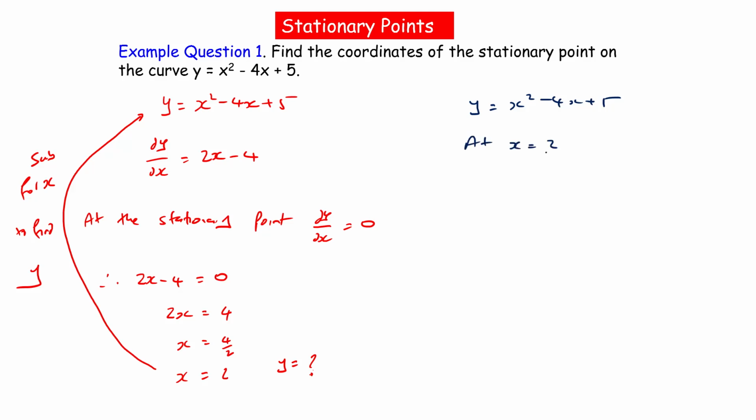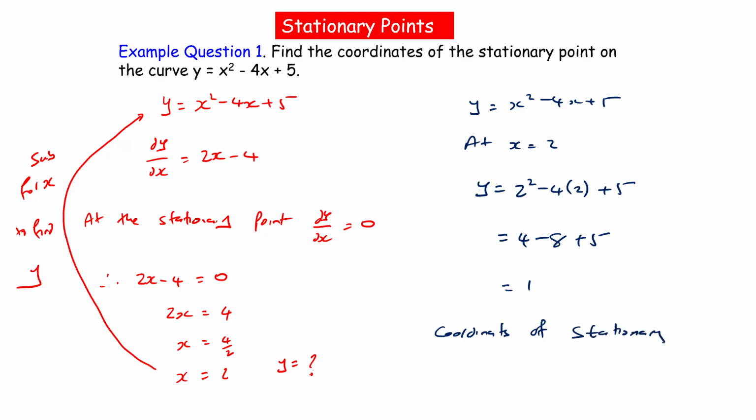At x equals 2, y is equal to 2 squared minus 4 times 2 plus 5, which is equal to 4 minus 8 plus 5, which is equal to 1. So the coordinates of the stationary point are 2, 1.